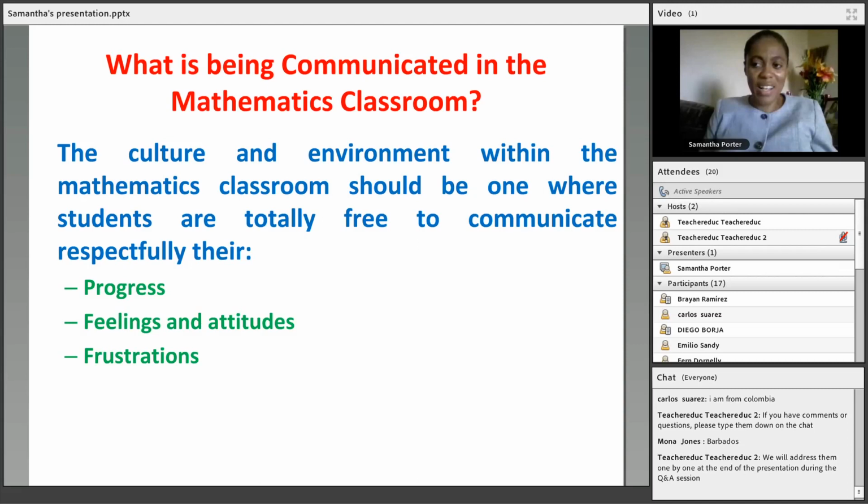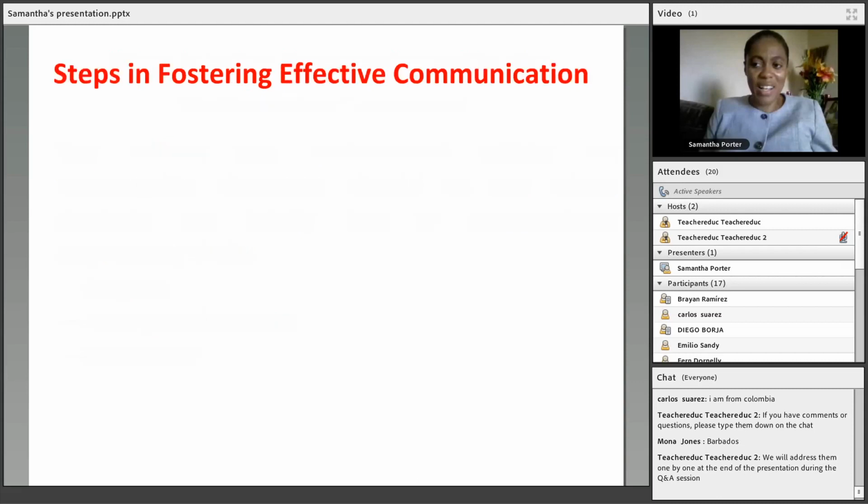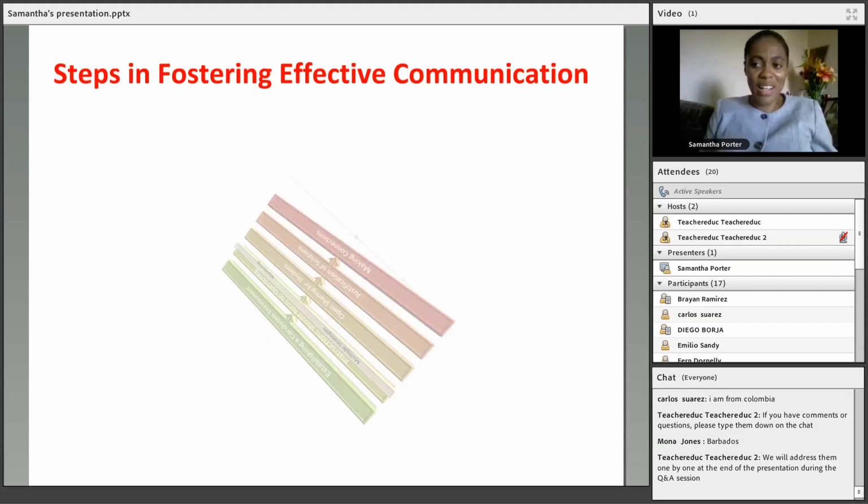We can help them when they really need the help. Now we have looked at the importance of communication, the benefits of communication. We have also looked at some of the feelings, the different forms of communication within the classrooms. Now, our next step is to foster effective communication within the maths classroom.